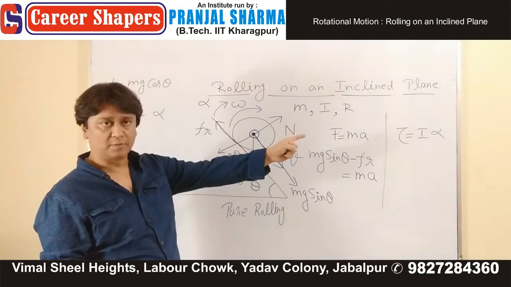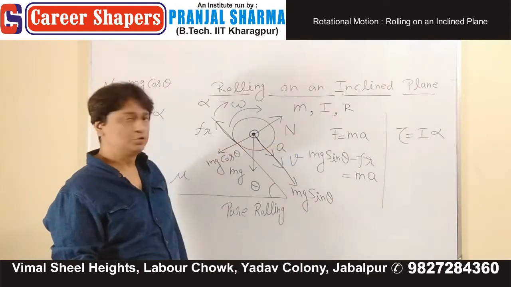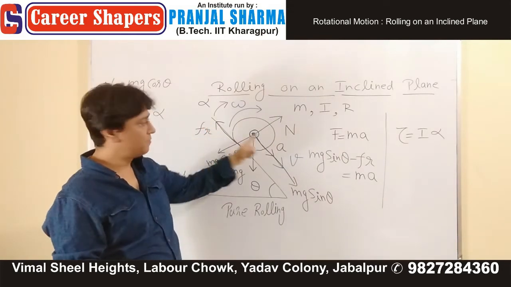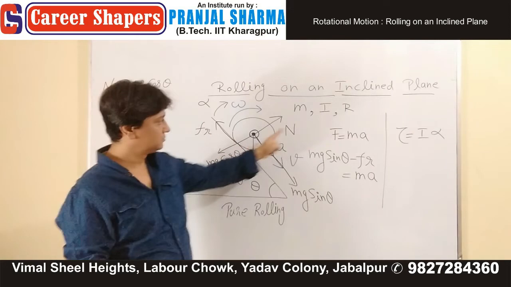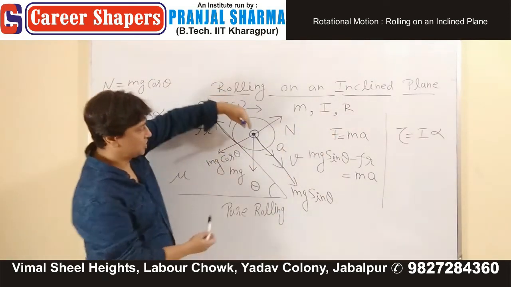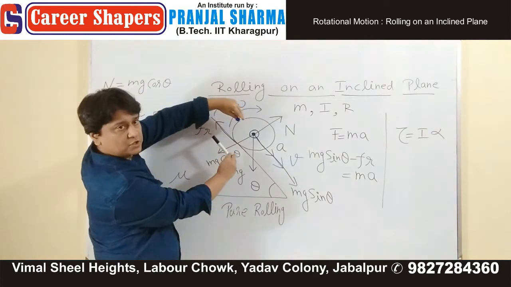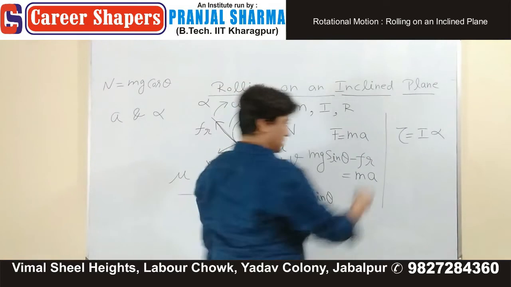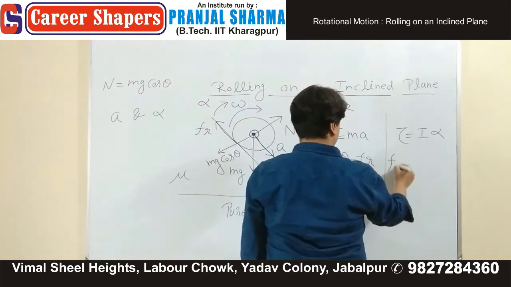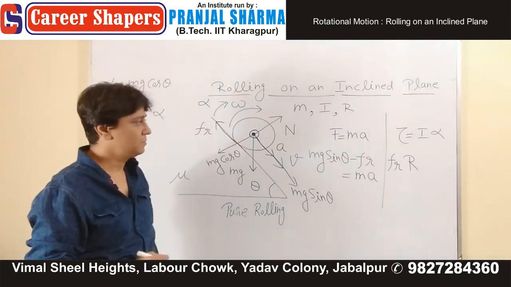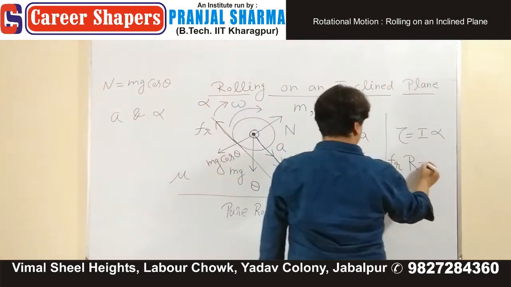Second will come from tau. Whose torque is present? Fr. What is the distance of Fr from the axis of rotation? R. So this is your axis of rotation and this is the force. What is torque? Force multiplied by perpendicular distance: Fr multiplied by R, and it is equal to what?